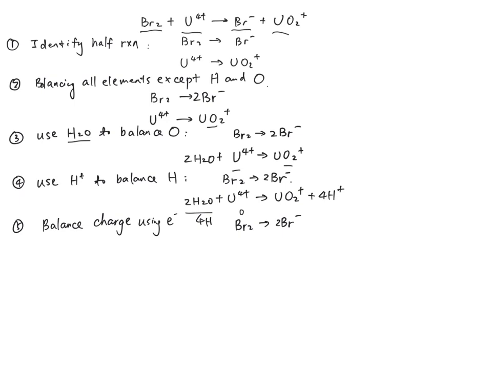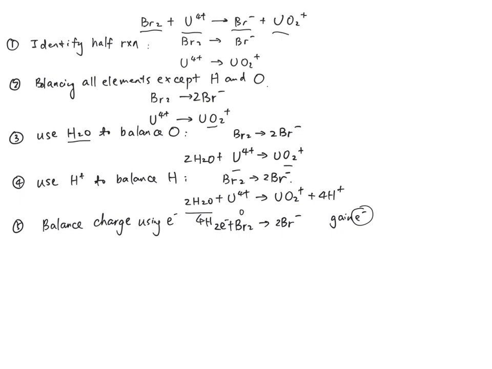Now how do you go from 0 to 2 negative charge? Do you gain electrons or do you lose electrons? Remember, electrons have negative charge, so you have to gain electrons to get the negative charge. So this is gaining electrons.